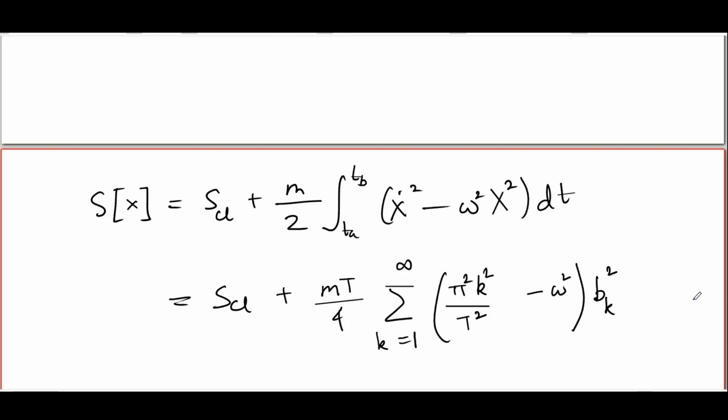In other words, the classical path for the harmonic oscillator actually is a saddle point for the action unless the time interval between the 2 points of the path is less than half a time period. It's only for time intervals less than half a time period that you truly have least action. Otherwise, the action is stationary, but it can go down or up depending on what kind of fluctuations you're talking about.